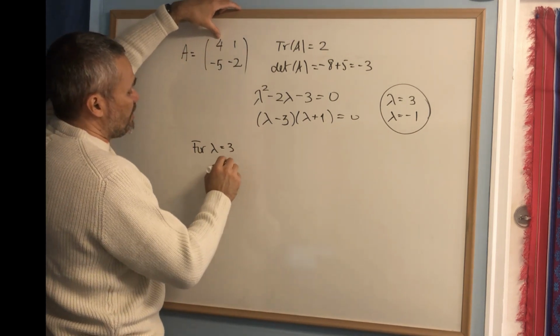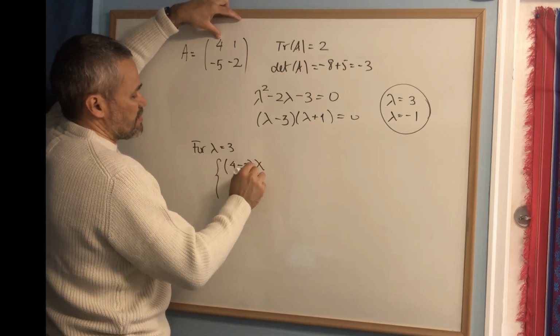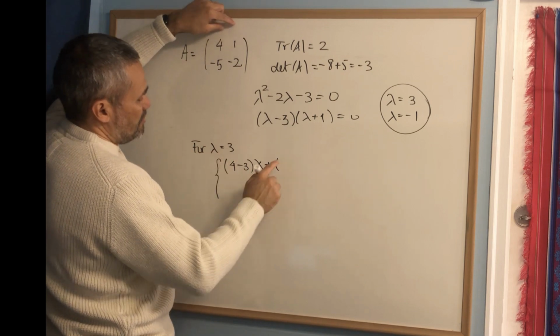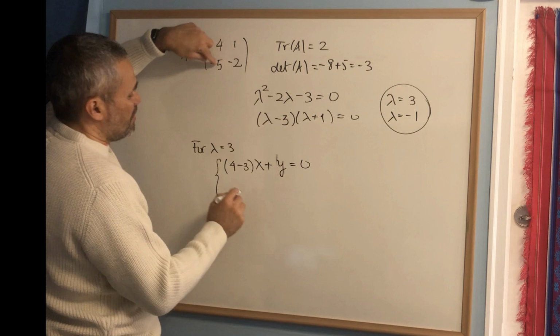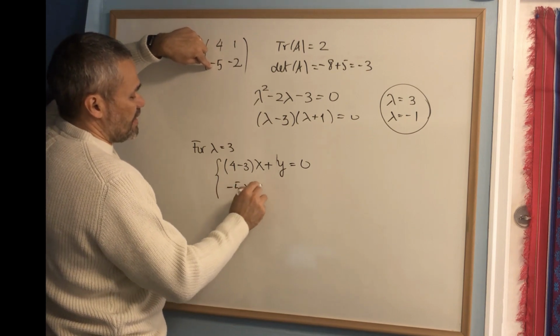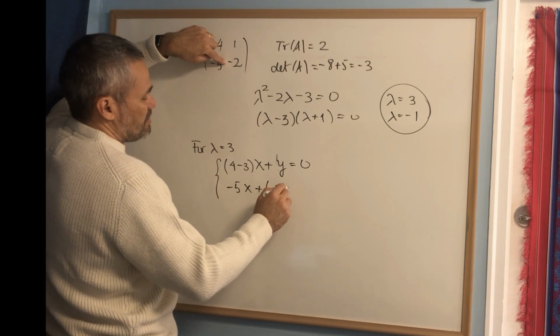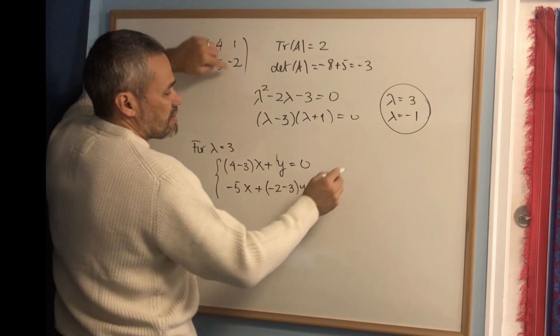the system that we need to solve is 4 minus 3 times x plus y equals 0, and negative 5x plus d minus lambda times y equals 0.